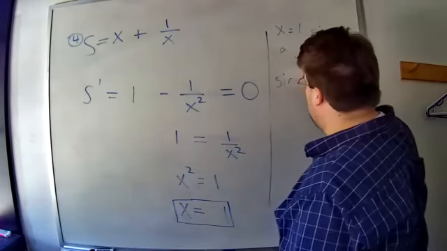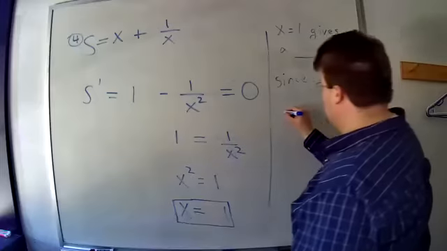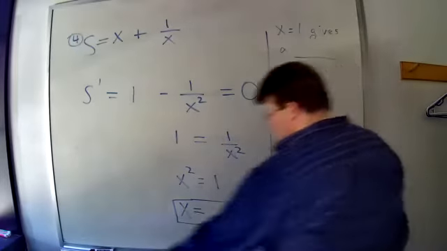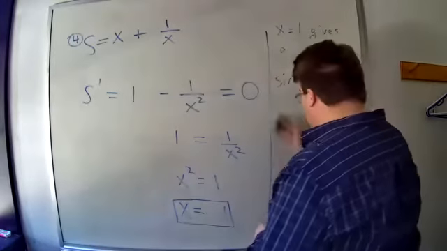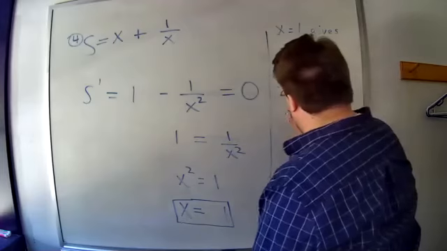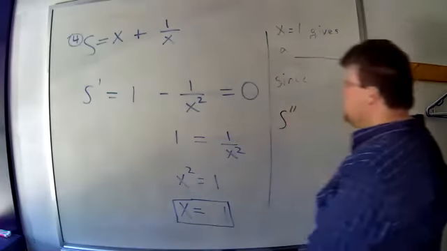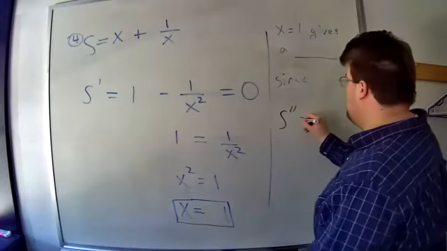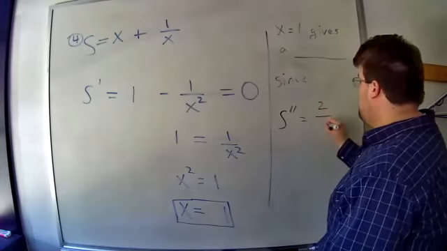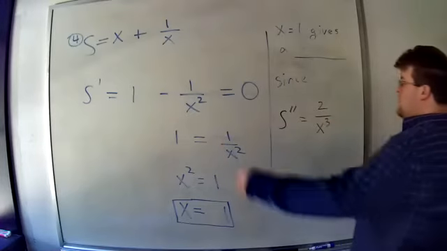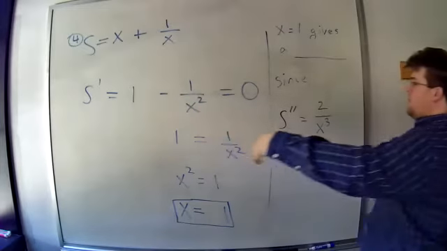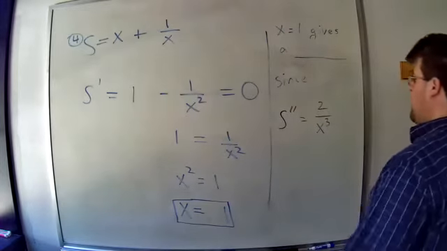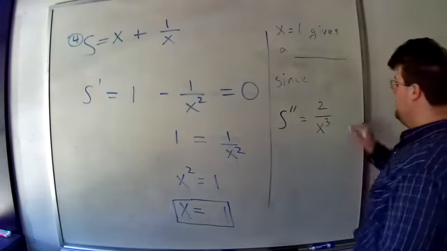Since the second derivative, maybe this marker is going to do better now. Since the second derivative, which is what? 2 over x cubed. Negative x to the negative 2, power rule, positive 2x to the negative 3.